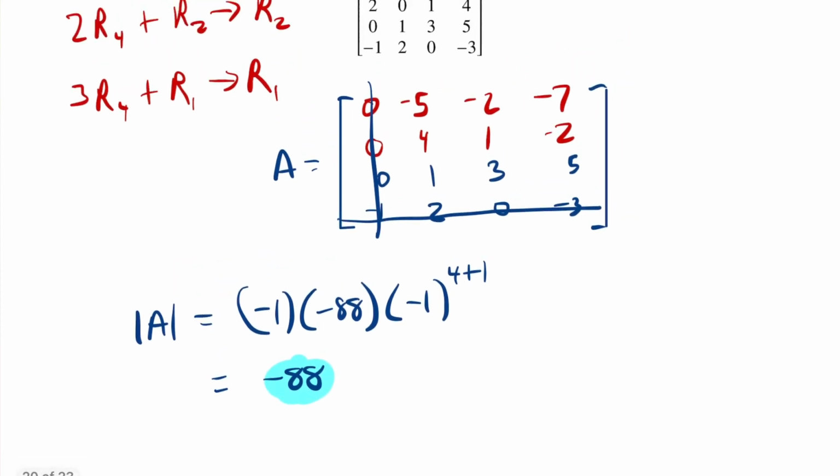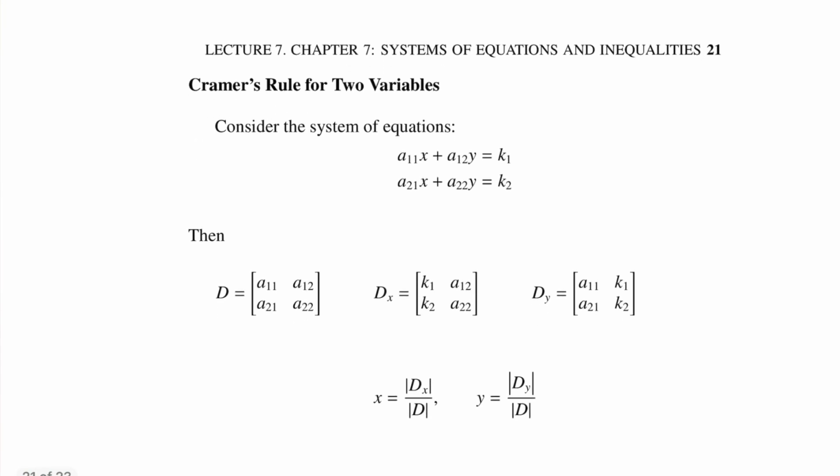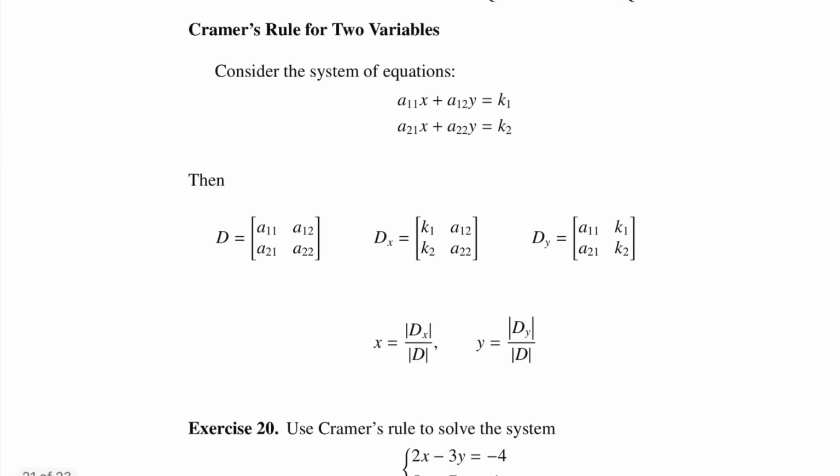Okay, let's look at the last topic in this section, which is Cramer's rule for two variables. If you have a system of equations with two variables, there's an alternative way to solve this system, and it's called Cramer's rule. It involves matrices. The matrix D is just the coefficient matrix.